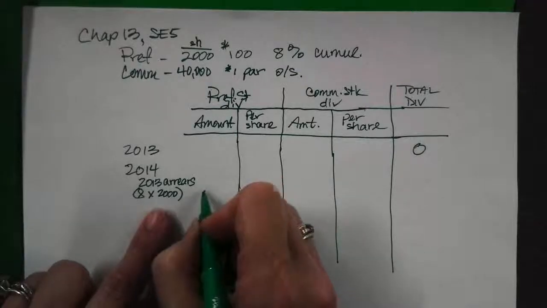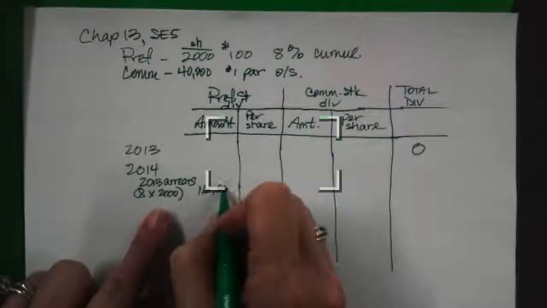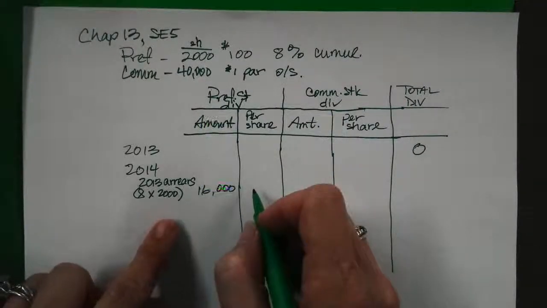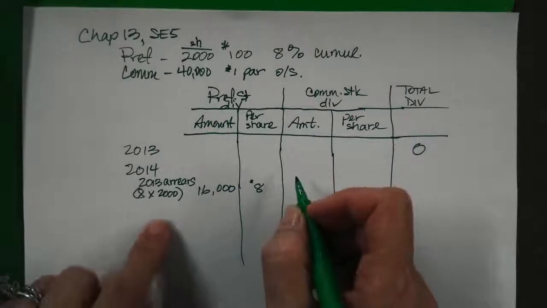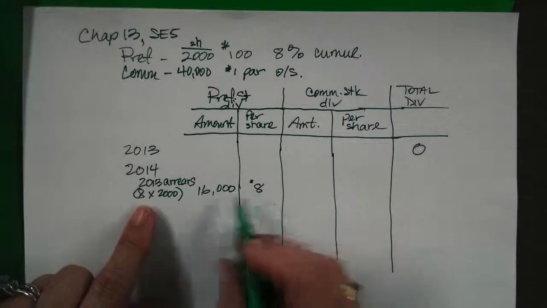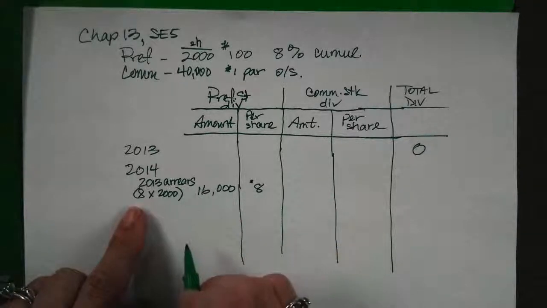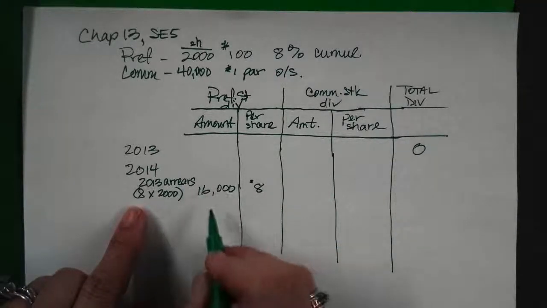So we're going to end up paying $16,000. Well, that's from 2013. That's catch-up. Now we're going to pay 2014.